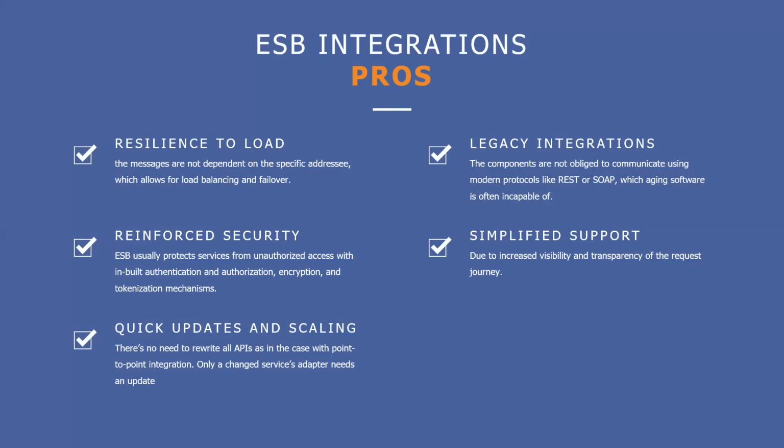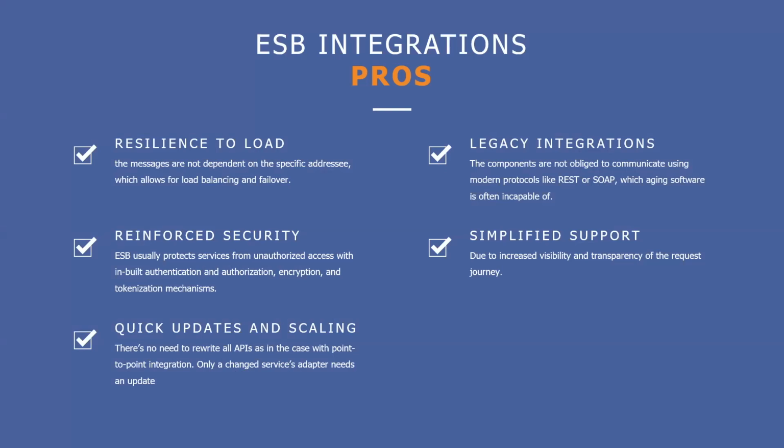So yeah, the pros: it is super hard to overload the system. Enterprise Service Bus has excellent security. MuleSoft has a really, really intense security level before you can even get access to the queue. It can scale very well.